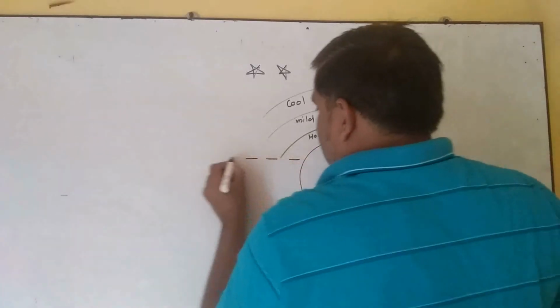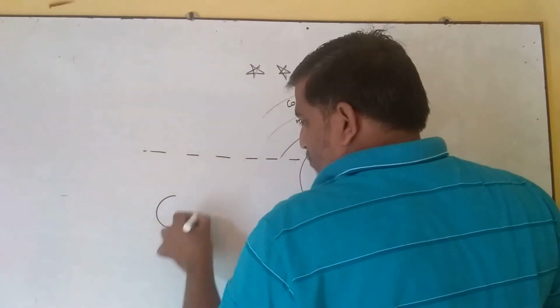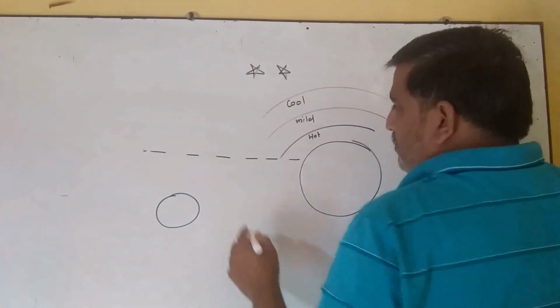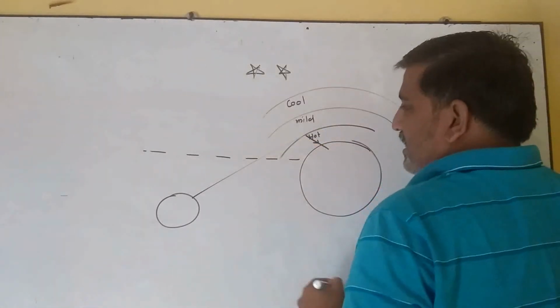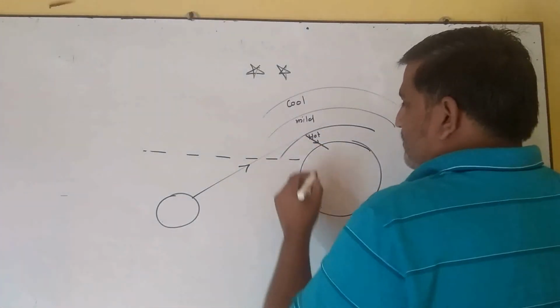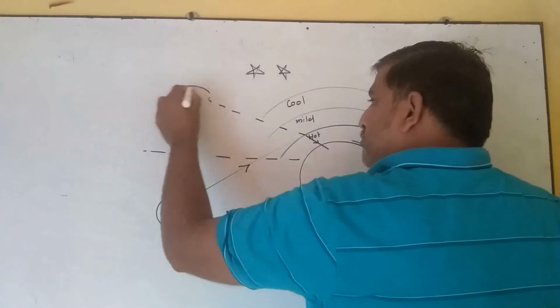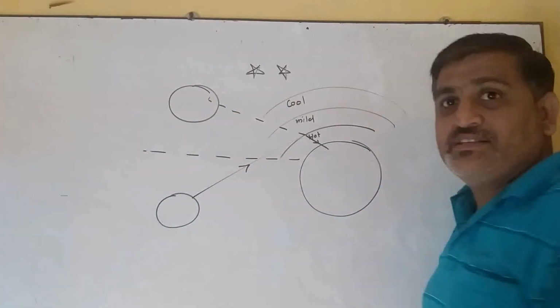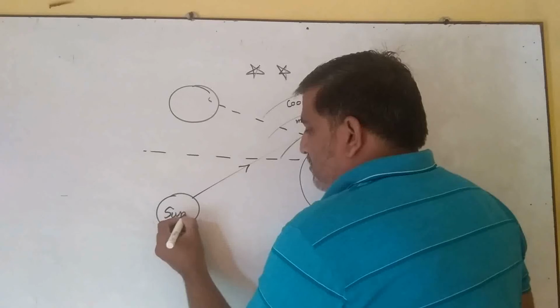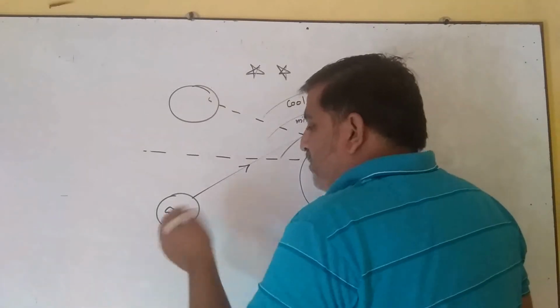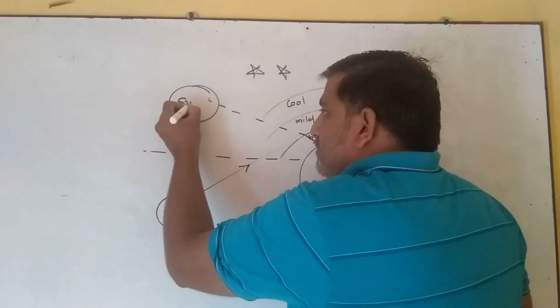Say this is the horizon, the sun is over here, but due to the refraction the ray gets refracted, and due to that we find the position of the sun over here. The sun is actually below the horizon, but we find it before rising over here.